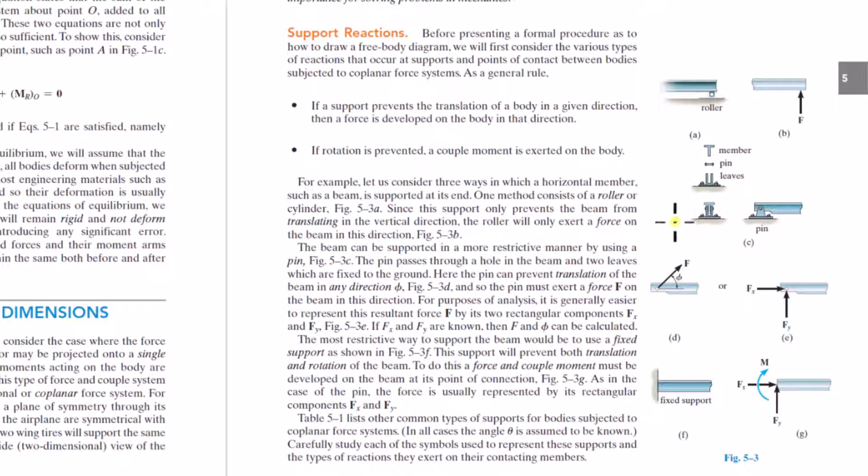Now, you might be saying, well, wait, this pin can prevent rotation here. This beam can't rotate in this direction or this direction. Similar idea here. If you tried to rotate the beam into or out of the page, that roller would, as long as the roller is at least the thickness of the beam, stop rotation. So yes, technically you're right. If you walked up to this beam and you were a strong person, and you tried to rotate the beam by hand, it's not going to move in that direction.